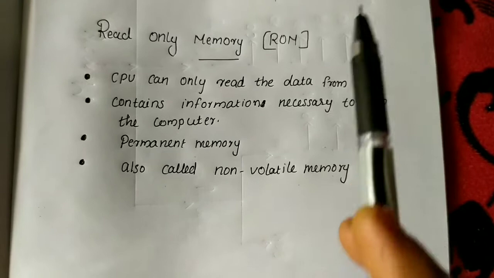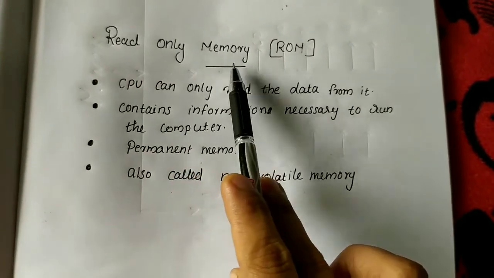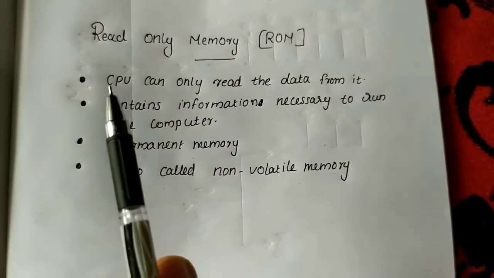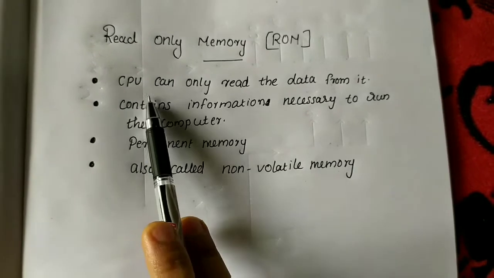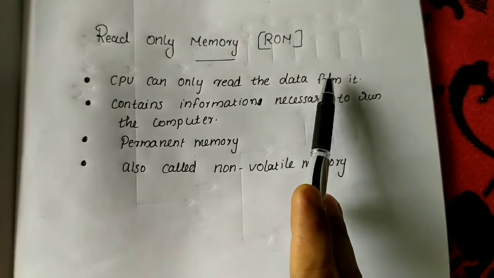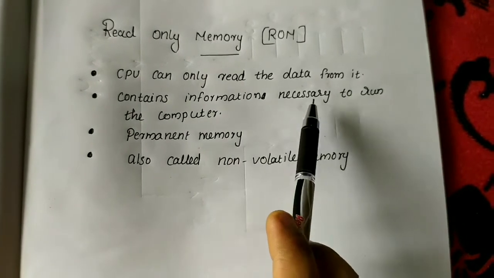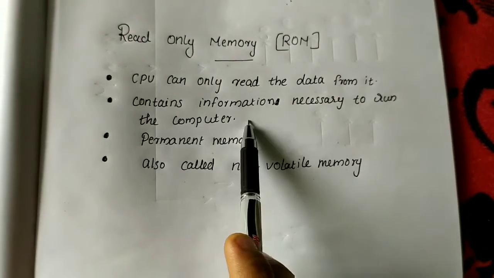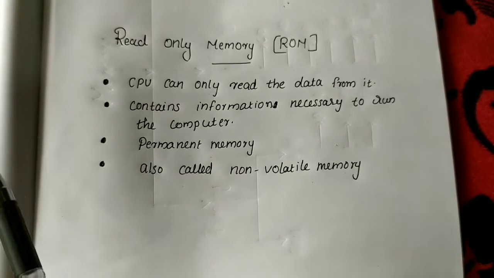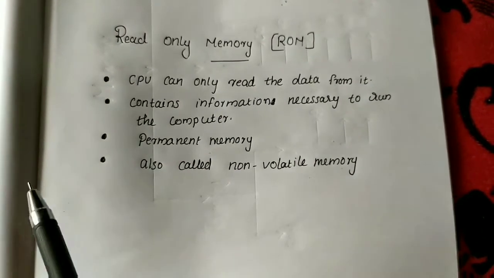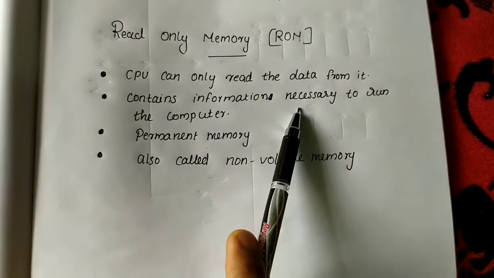Next one, ROM, read-only memory. As the name indicates, CPU can only read the data from it. It contains the information necessary to run the computer. So we cannot change or delete data in this memory.